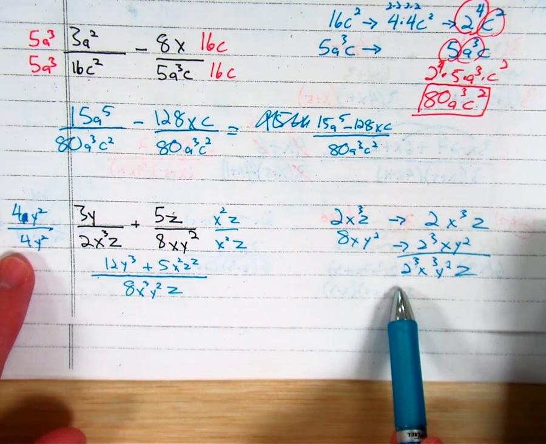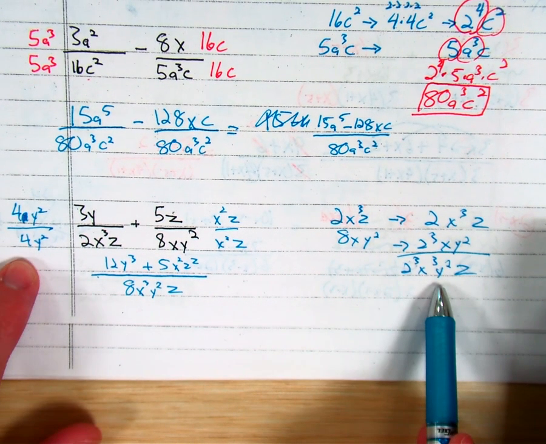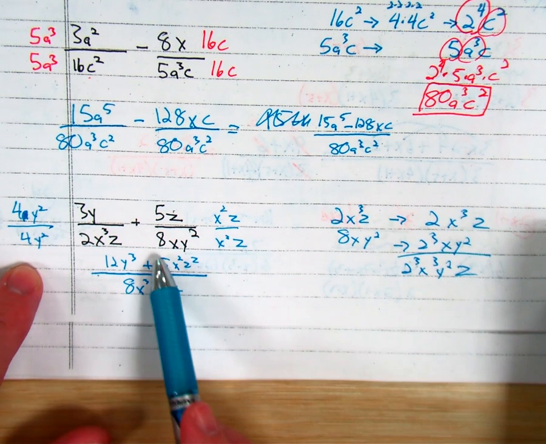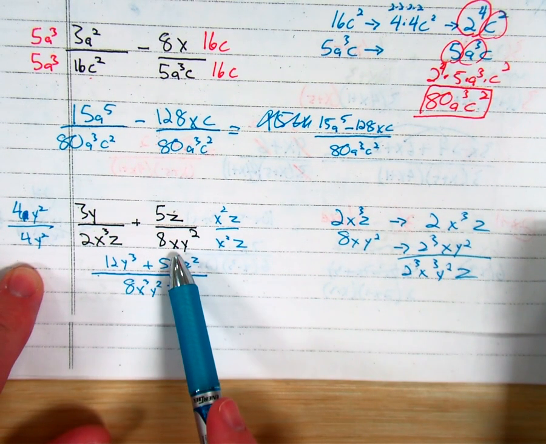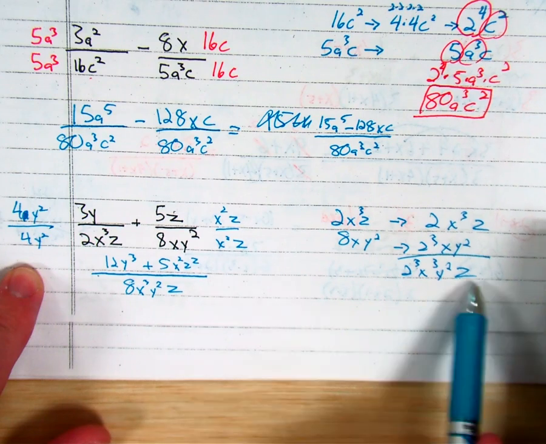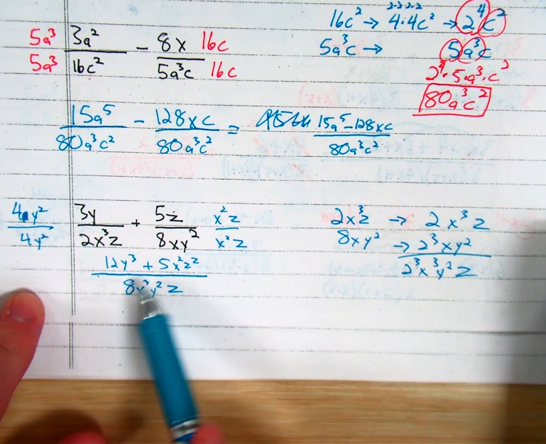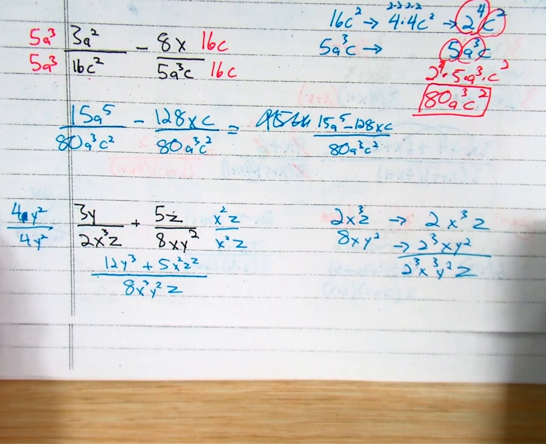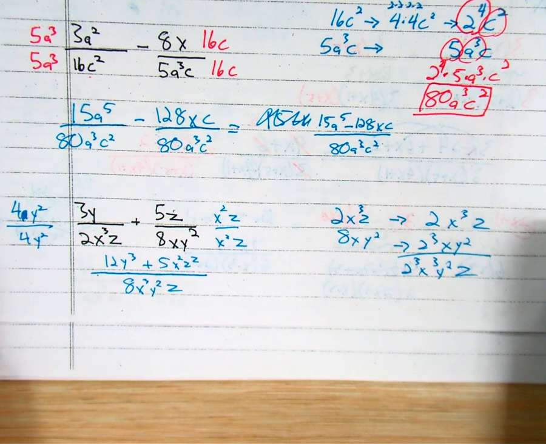So we need 8, so we times by 4y squared on this one. And that one already has the 8. We need x to the third, so we went x squared, and it needs a z. So we should finish with 12y to the third plus 5x squared z squared over that 8x to the third y squared z.